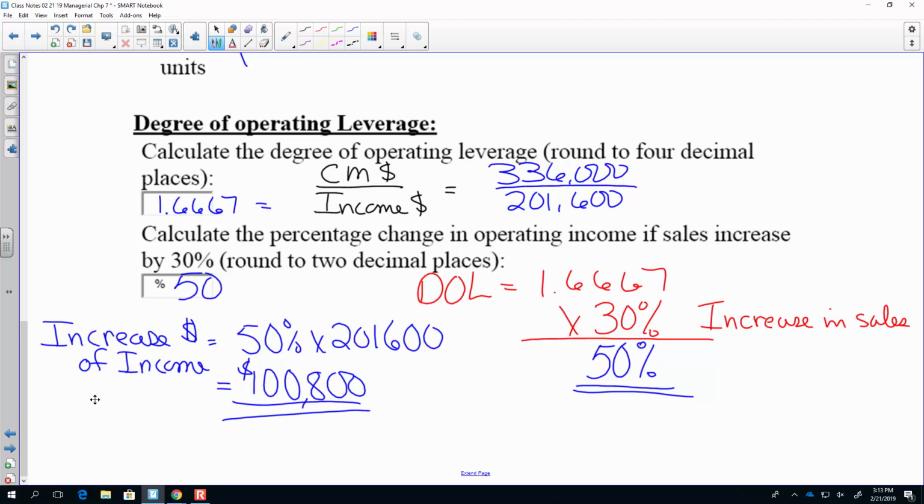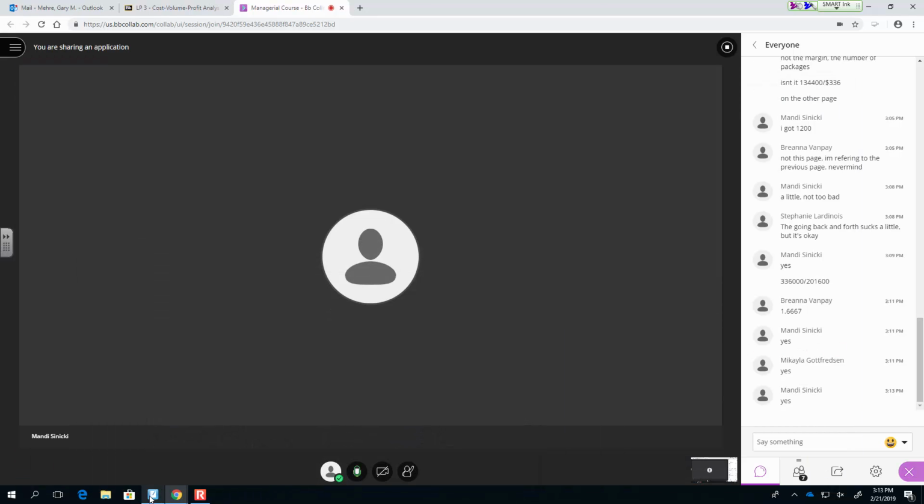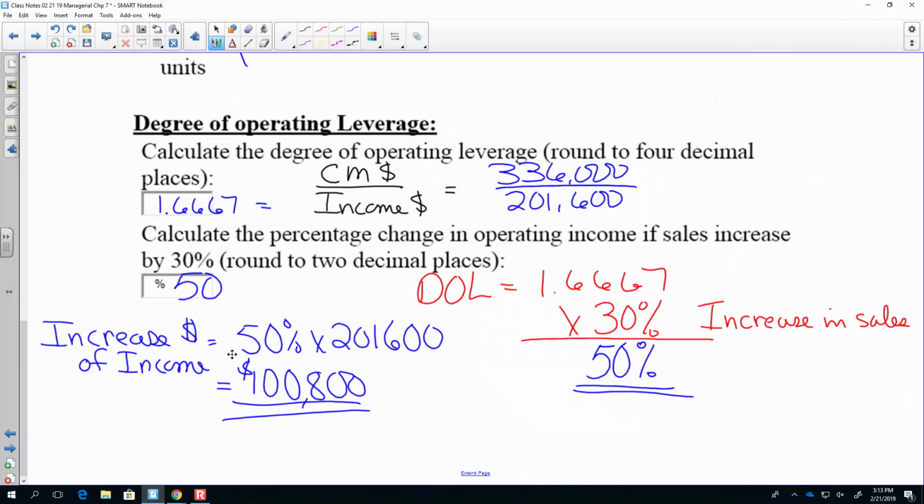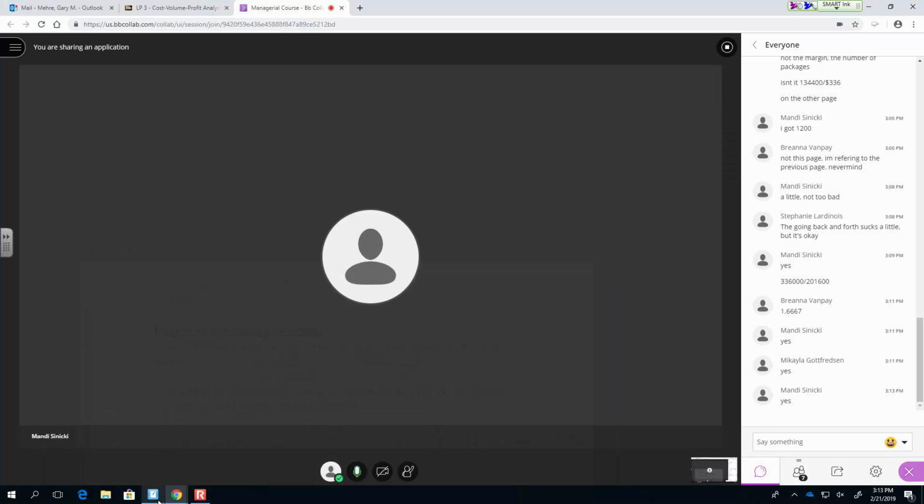Is that right, guys? If I wanted the income increase, it should be 100,800. So I'm taking this 50% times our old income, right, 2016, should give me the 100,800. Guys, is that correct? At home?